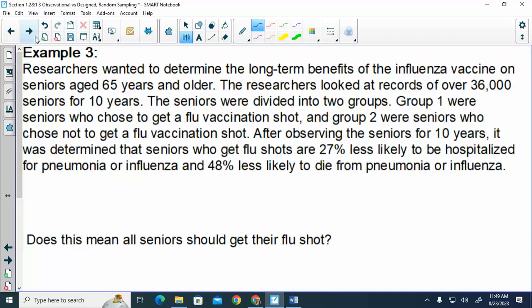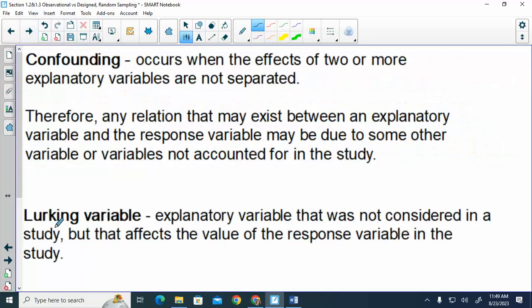That's what's called confounding. When there are two or more explanatory variables that are not separated. In that situation, the explanatory variable was if they got the flu shot. But I didn't separate that from anything else. I didn't look at any other attributes of these people.